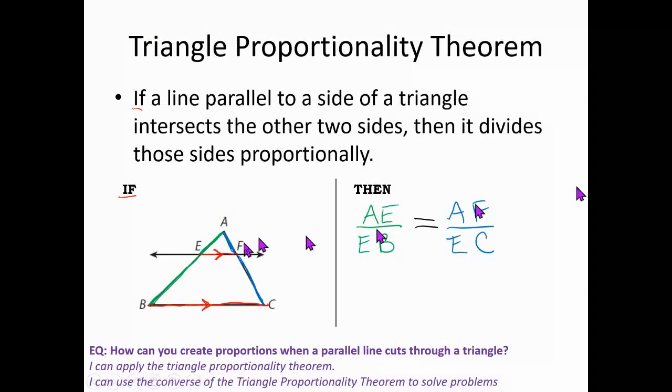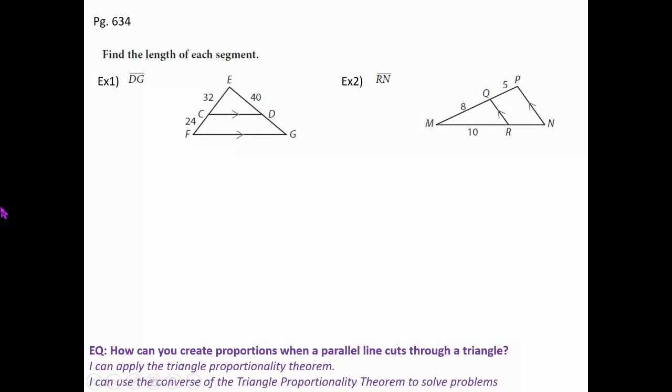That means if we're given a triangle, and the base is parallel to something that cuts it in half, then we know this length divided by this length is going to be equal to this over that. All right, so let's do an example, or a couple examples. And I highly recommend you use a calculator for these.